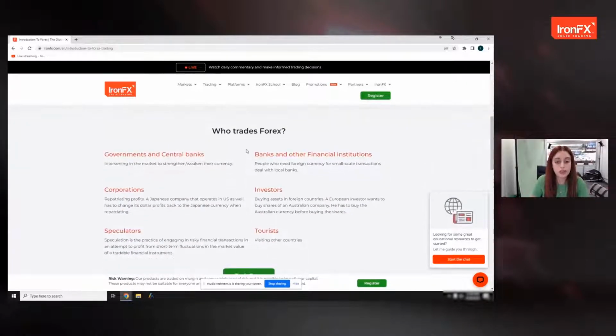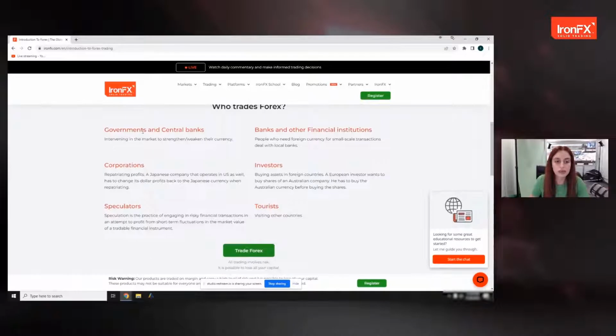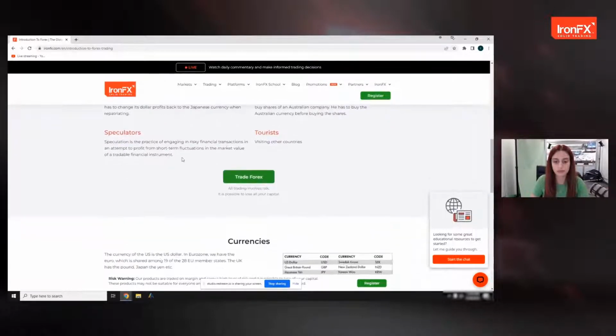Then you see over here who trades forex, because I'm sure that most of you who don't have any experience, you didn't know, for example, that banks are also trading. So you see here governments and central banks, banks and other financial institutions, corporations, investors, speculators, and tourists.